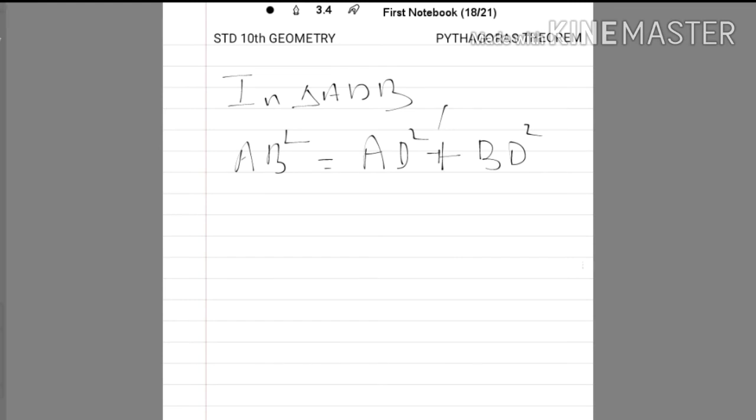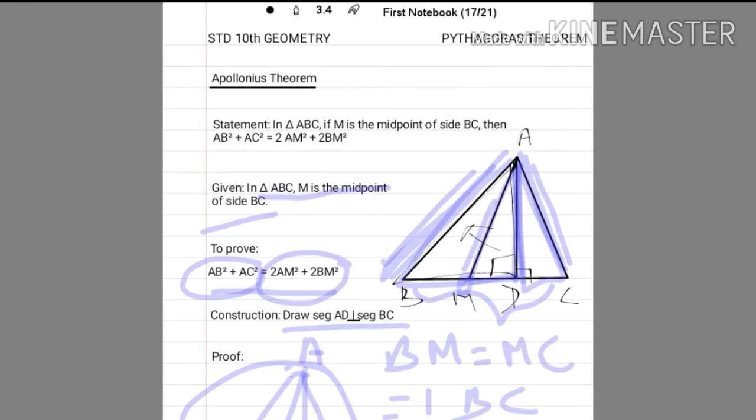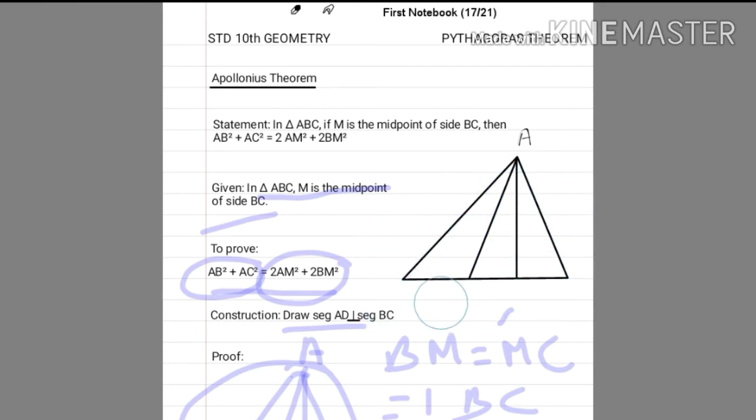Now if you notice here in this triangle, that is this ADB, let me clear these things so that it would be clear for you, because it's too messy here.